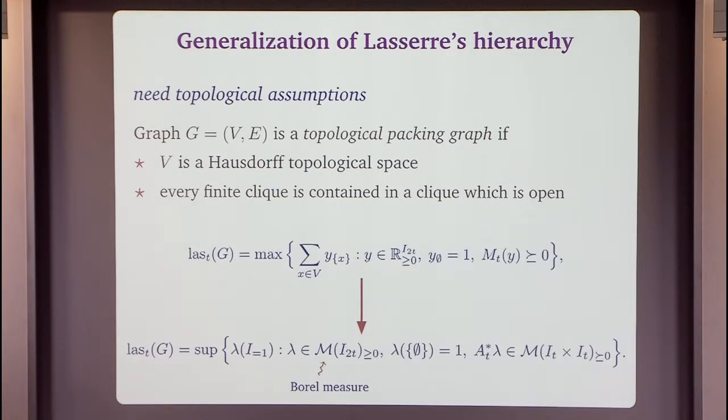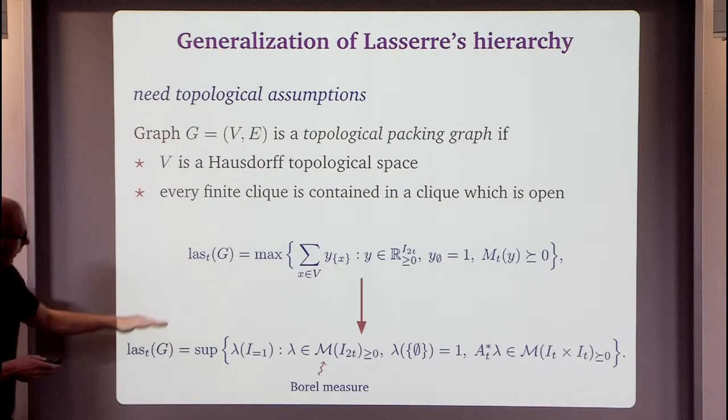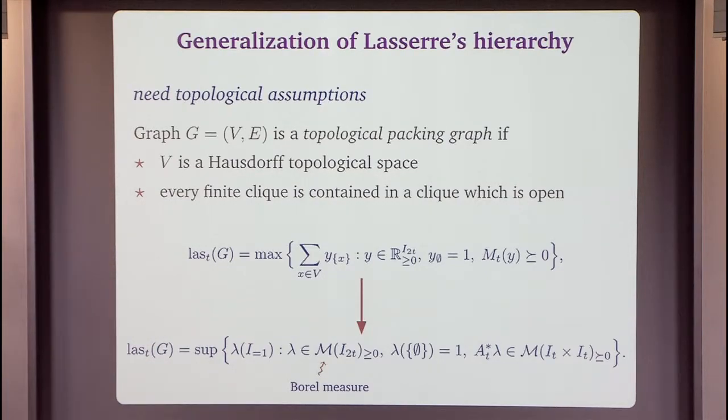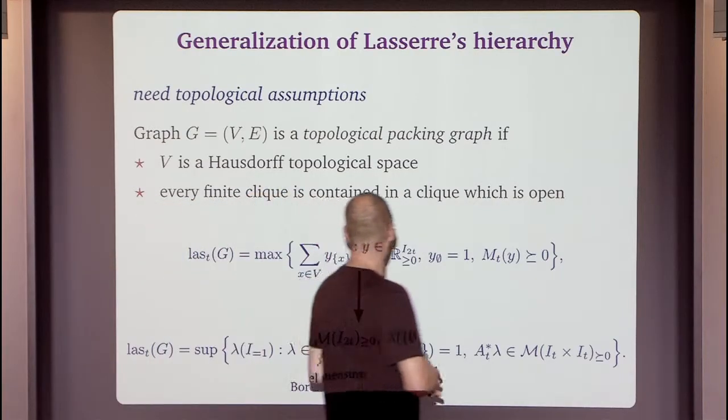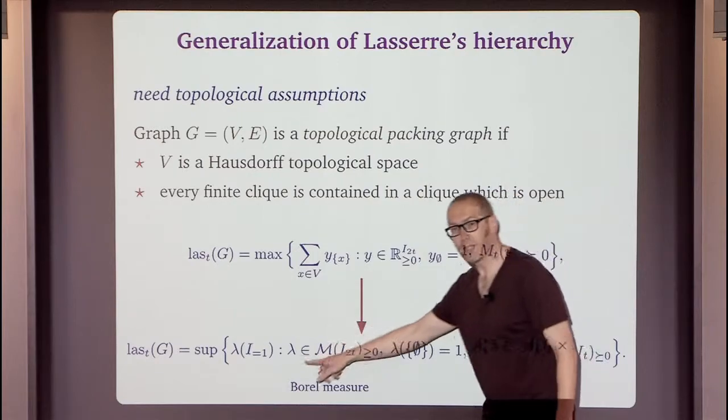And now here's a generalization. So this is Lasserre's t-step for finite graphs, and here is the t-step of Lasserre's hierarchy for these topological packing graphs. The only thing we are doing is we replace the pseudo-moment vector y by lambda.